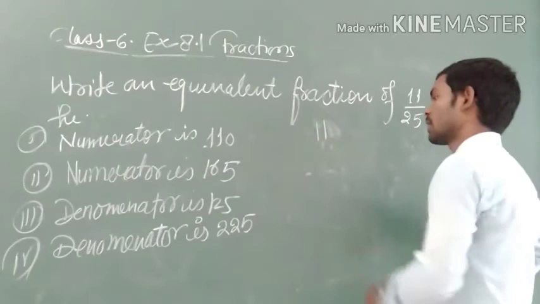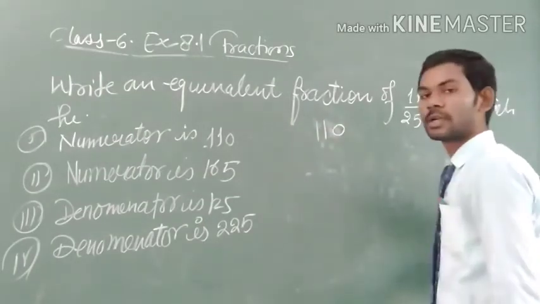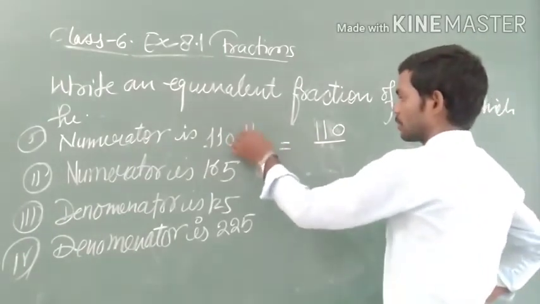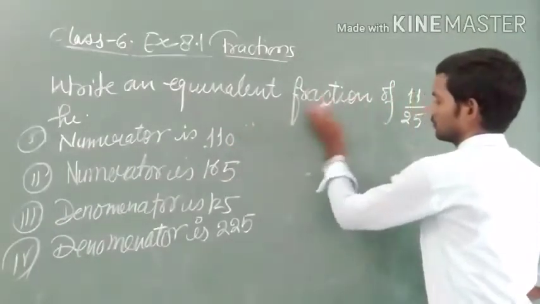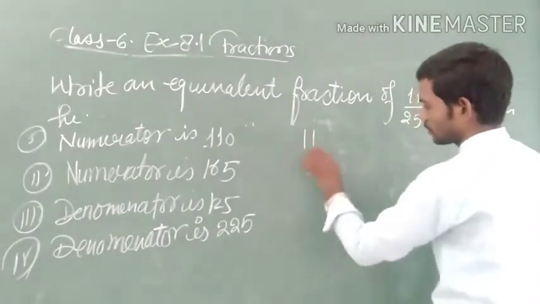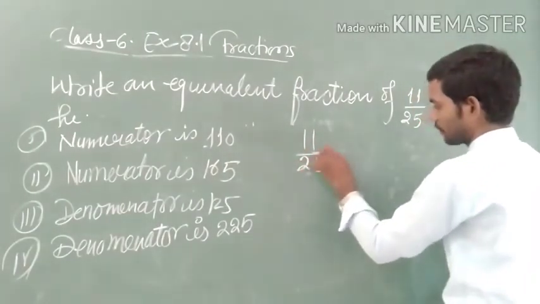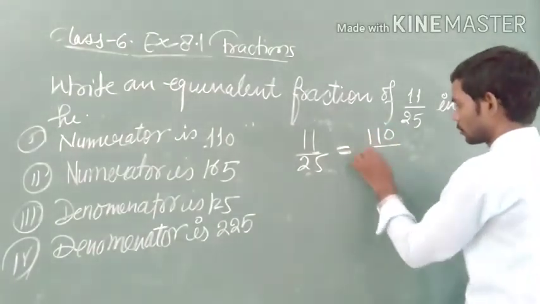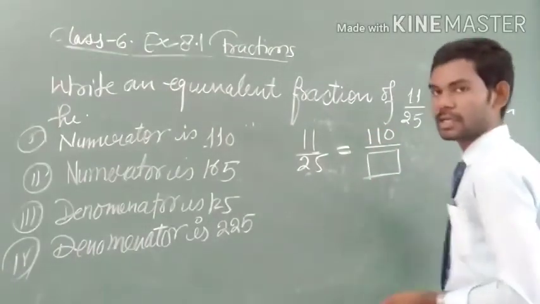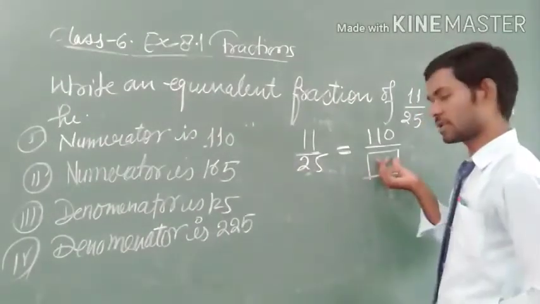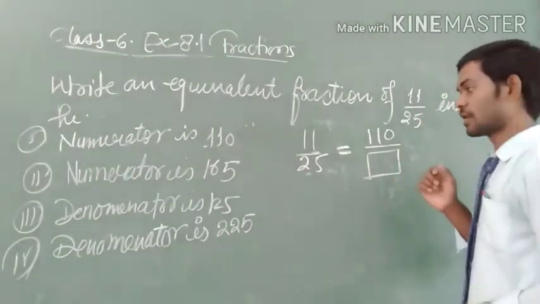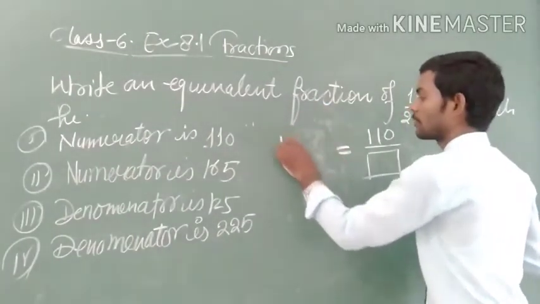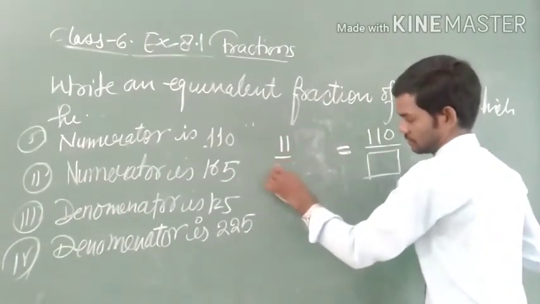We have to write an equivalent fraction of 11 upon 25 in which the numerator is 110. So when the numerator becomes 110, then which number should be placed in the box? We have no idea how we do this.